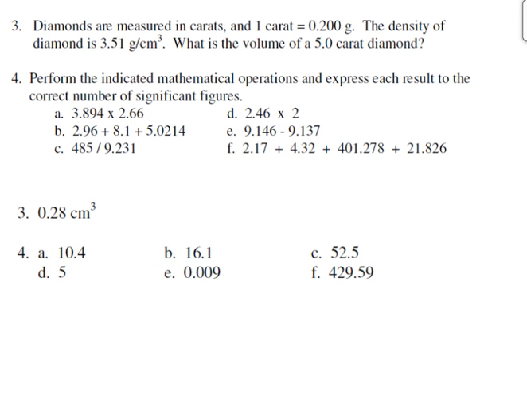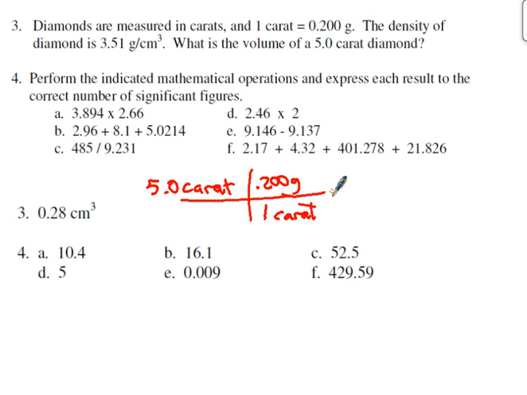Number 3 is a simple density question with a slight twist. You're supposed to figure out the volume of a 5-carat diamond. It tells you that 1 carat is 0.200 grams, and then it gives you the density, and the density is in grams per cubic centimeter.